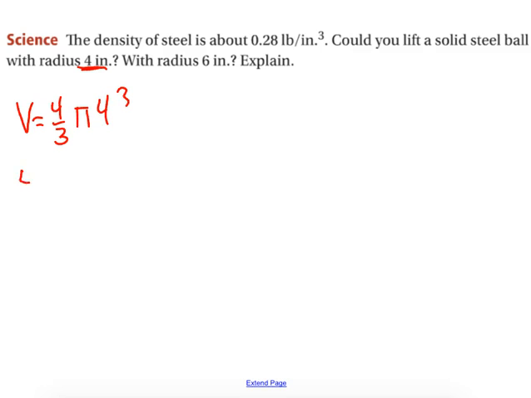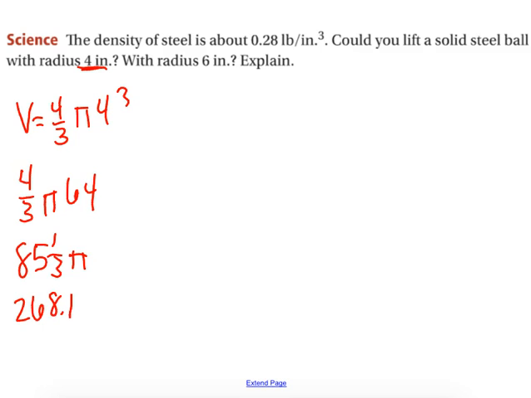So I'm going to have 4/3 pi times 64. Now we already did this before, so 4/3 of 64 is 85 1/3 pi, or approximately 268.1. So now to find how much it weighs, we take it times its density.